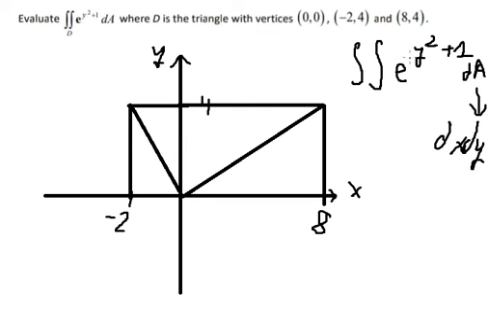Why? Because we have y squared. If we put dy dx, we would need to integrate this one, but we don't have the formula to integrate e to the power of y squared, so we cannot put dy in the first one. So that's why we need to choose dx dy.